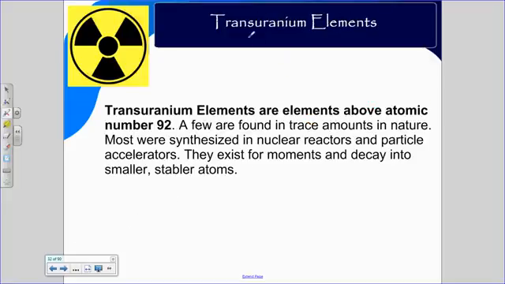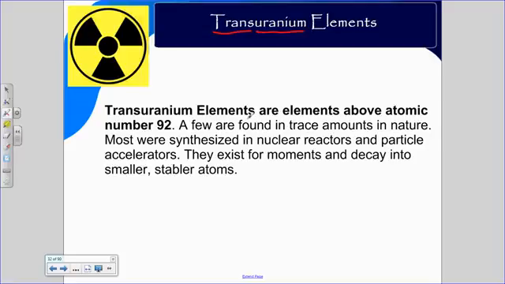A term that's important to know is transuranium element, and it's a scientifically friendly term because the meaning is in the word. Transuranium elements are elements that are beyond uranium on the periodic table. Largely, elements that are on the periodic table beyond atomic number 92 are not found in nature.